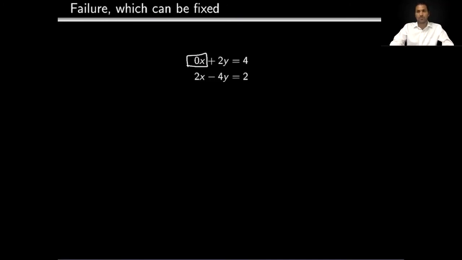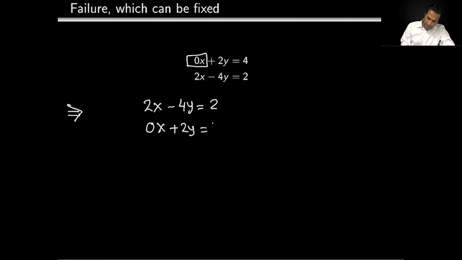So we will not be able to take 0 as a pivot. We do not have a pivot in the very first position. But this can be fixed if I interchange the second row with the first one. So 2x minus 4y is equal to 2, and now we have 0x plus 2y is equal to 4. Now the first pivot is equal to 2, which is non-zero.